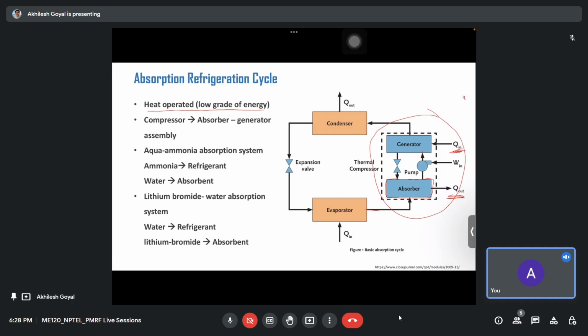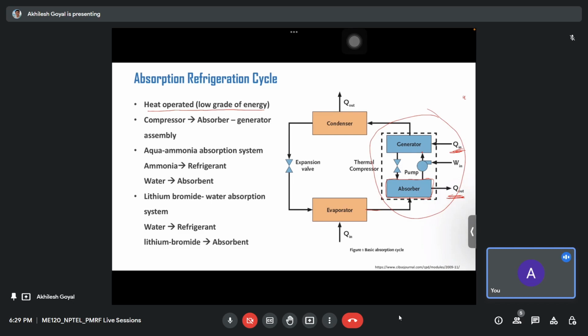The refrigerant goes to the condenser, condenses there, then is expanded in the expansion valve, goes to the evaporator, takes heat from the refrigeration space, and then goes back again to the absorber and generator assembly. Okay, so that's how this absorption refrigeration system works.